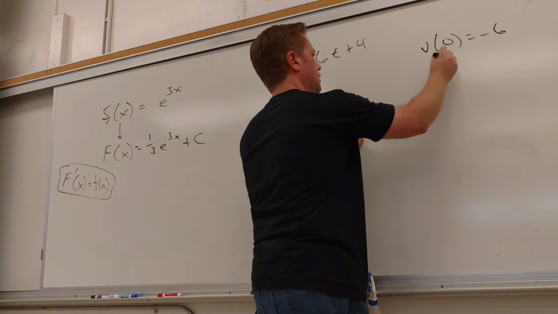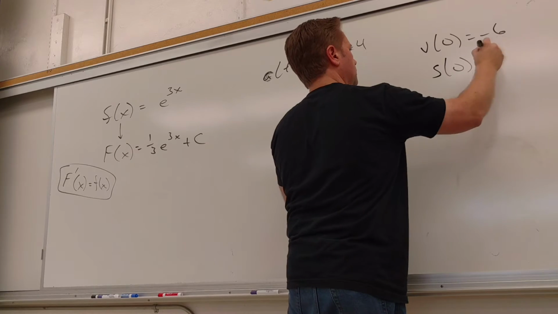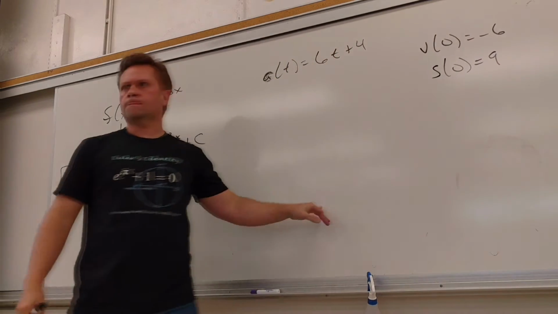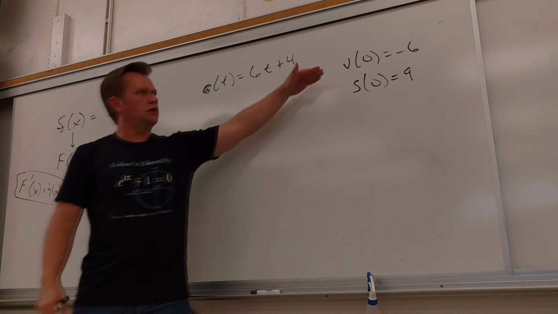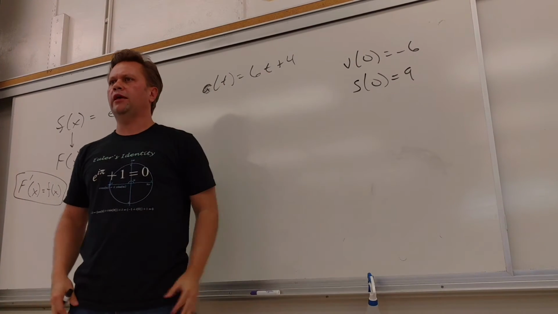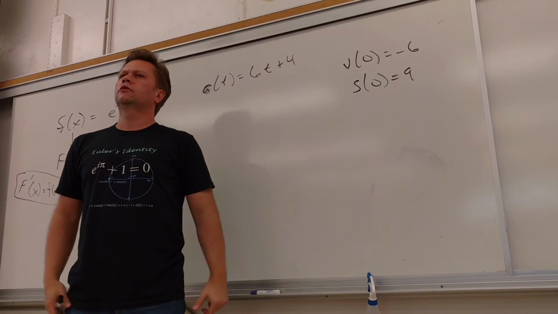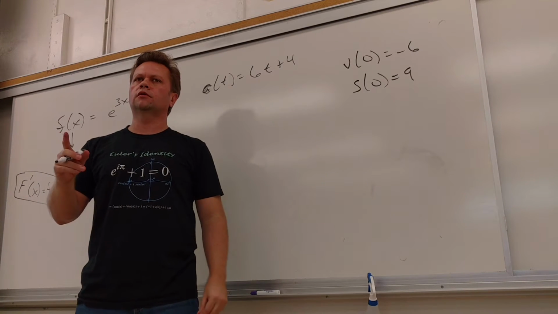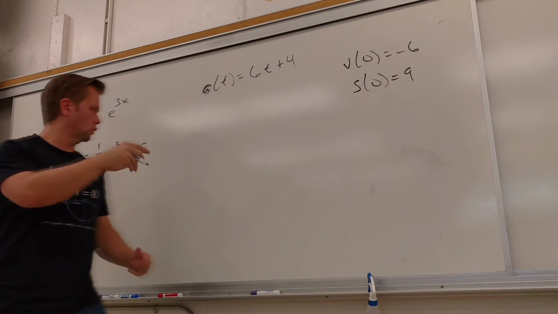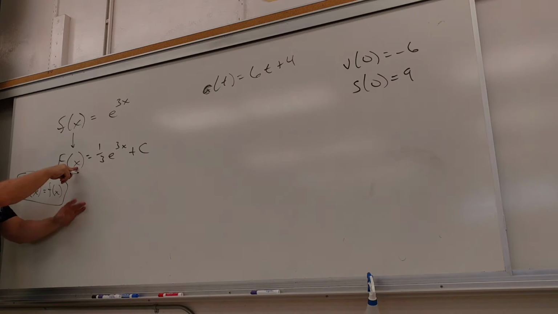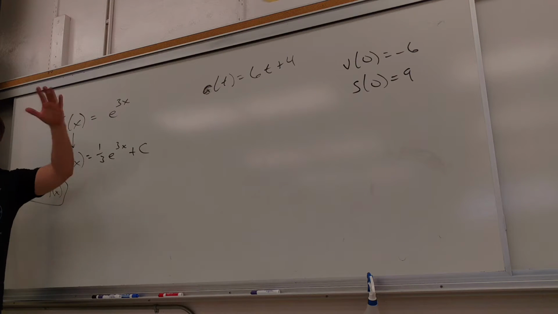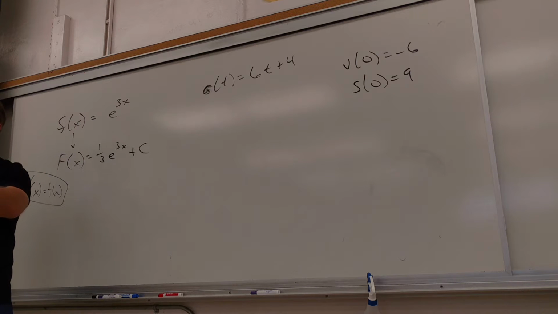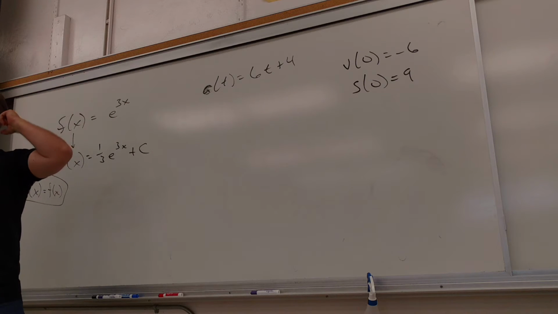And the position at time 0 is 9. Can anybody figure out why I would give you this information? What will that help me figure out? Not to check my work. To figure out what C is. If I told you big F of 0 was 3, then I could figure out what C would be. I could just set the equation up and solve for C. That's what those are going to do for me.